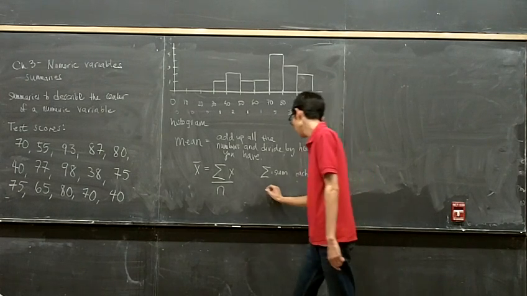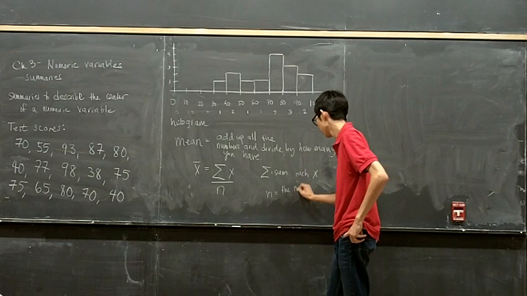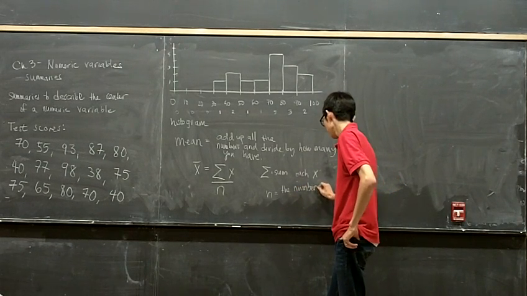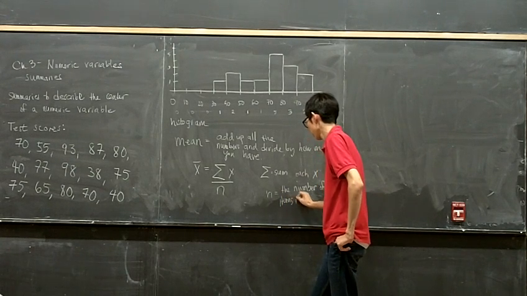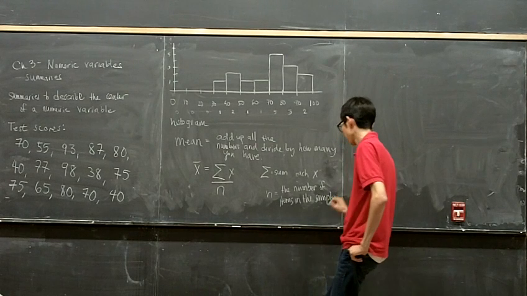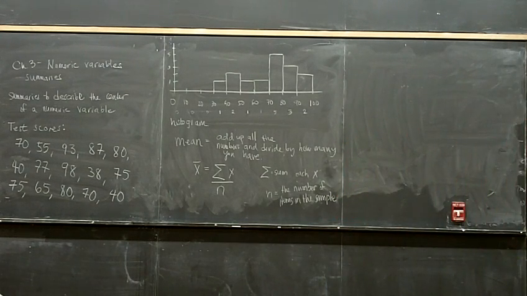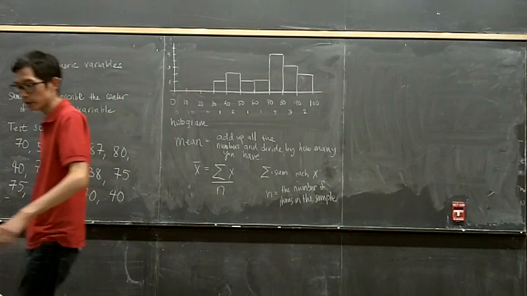Each x, n is the number of items in the sample.